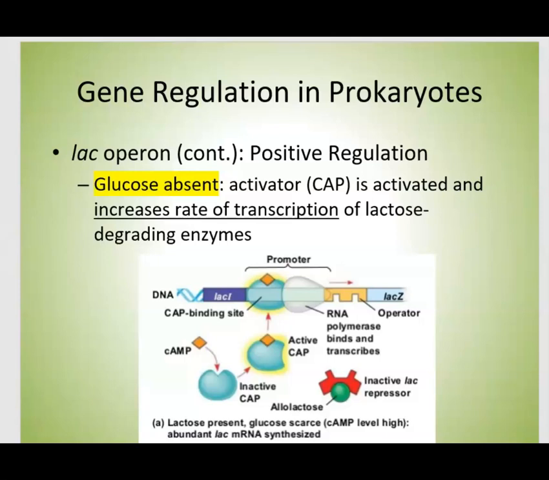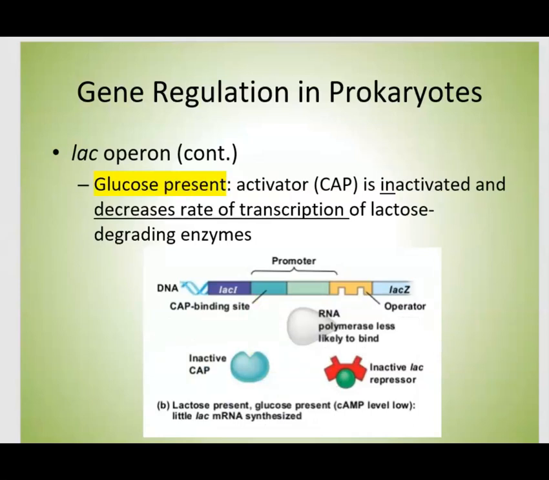They're going to need transcription from the lac operon because it makes the enzymes to degrade lactose. So in the absence of glucose, the CAP activator will be activated to increase transcription from the lac operon.